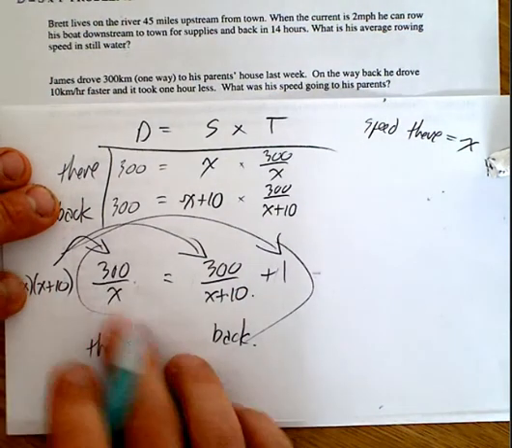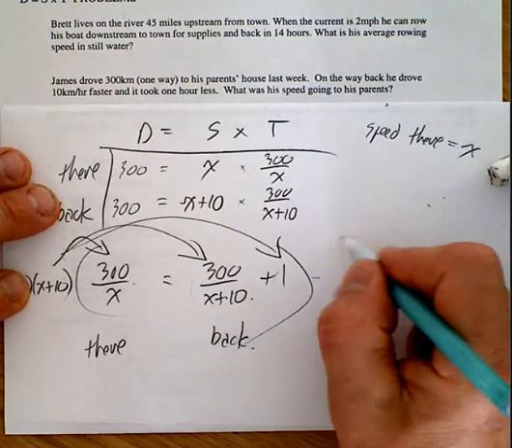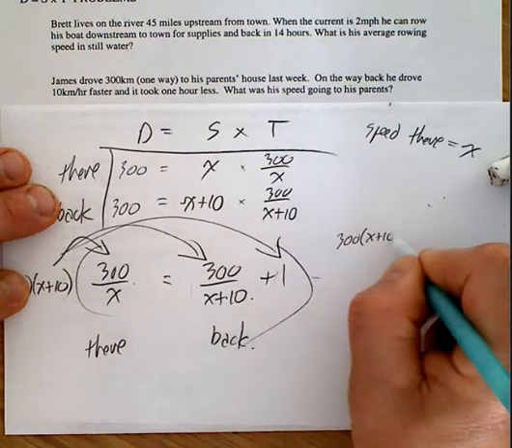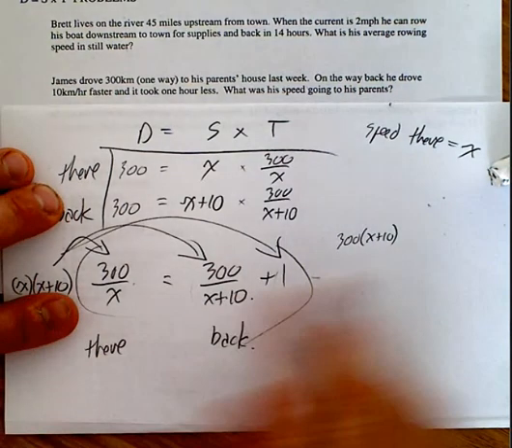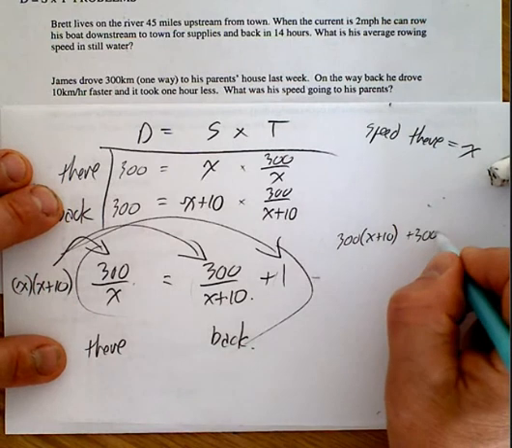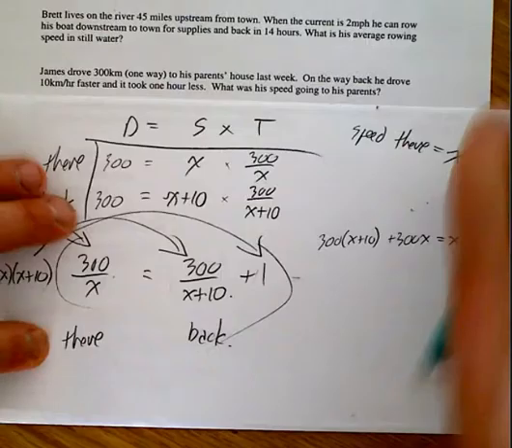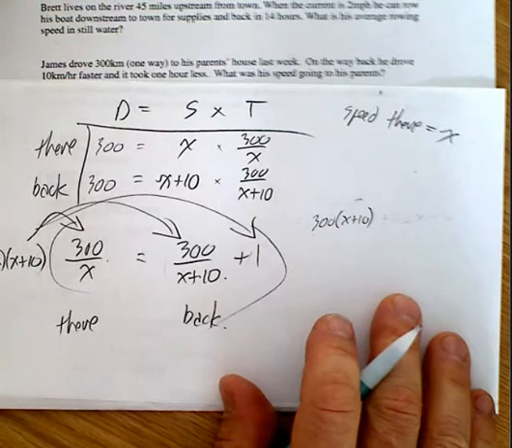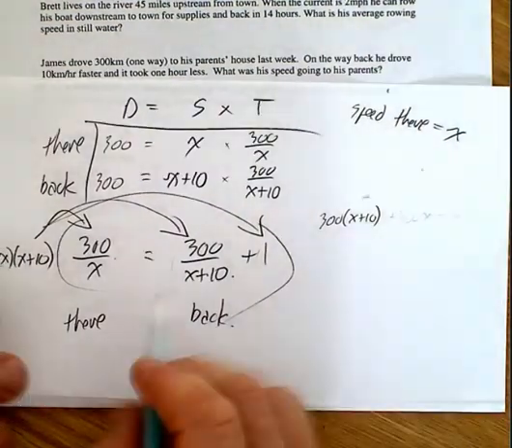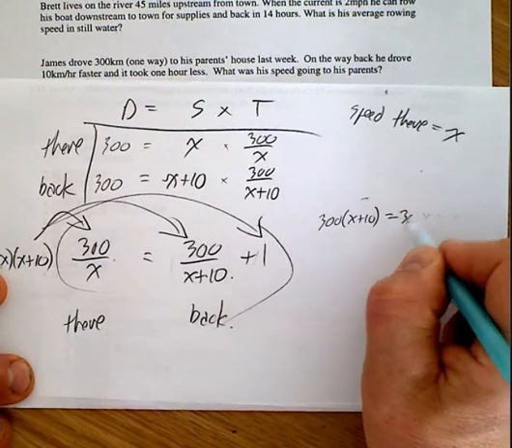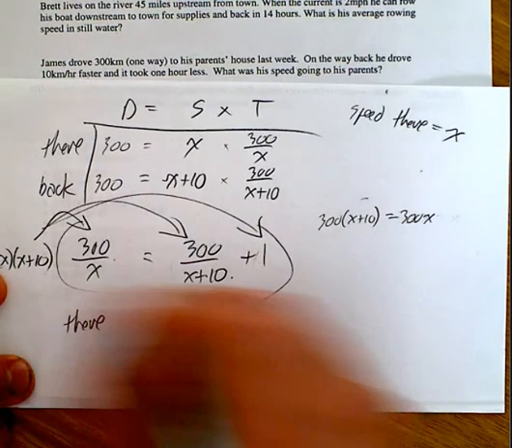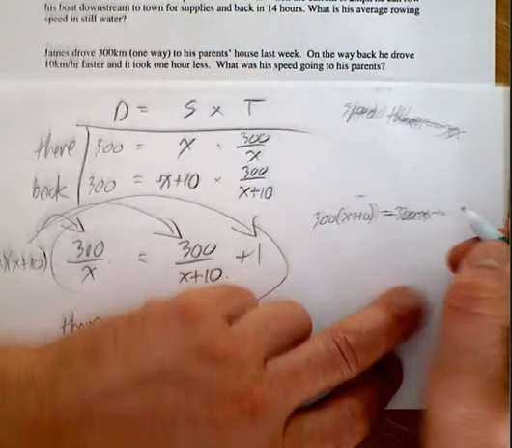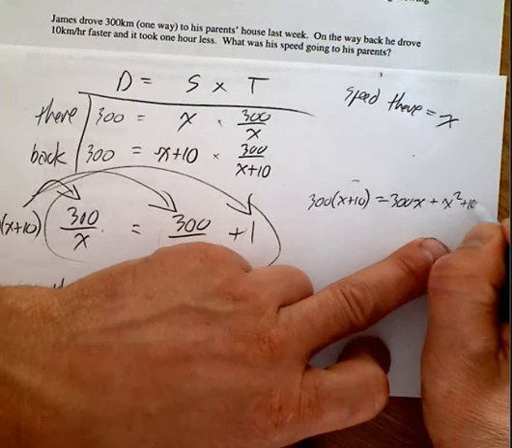Now, I have a rational expression. You need to get rid of those denominators, so you multiply everything by that common denominator. In this case, the x is canceled. You end up with 300 times x plus 10. In this case, as the x plus 10's cancel, you end up with 300x is equal to, sorry, I'm getting this wrong here. Equals 300x, and this is going to be both of those. So plus x squared plus 10x.